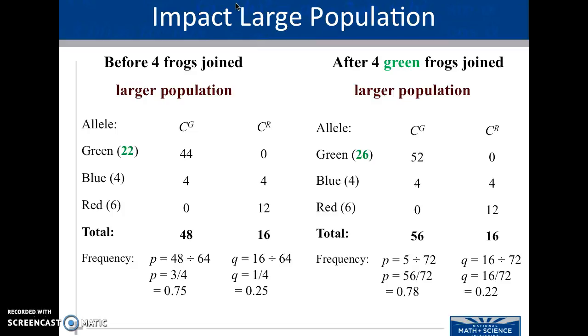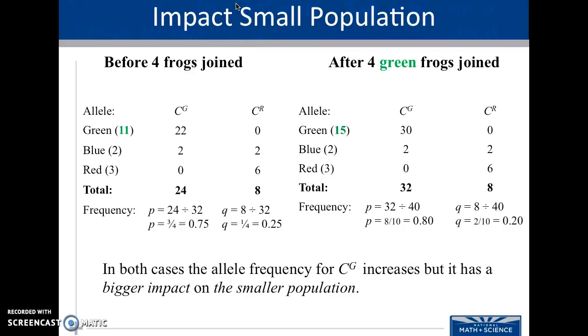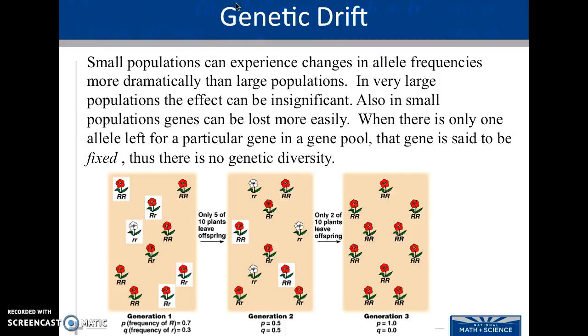We see that the percentage only changes 2 to 3 percentage points because there's such a large pool already, which should start us thinking about the idea that the bigger my population, the more stable the genetics are going to be. We see in this small population, my percentages change greatly, or the frequency changes greatly, because I have a smaller group of organisms to begin with.